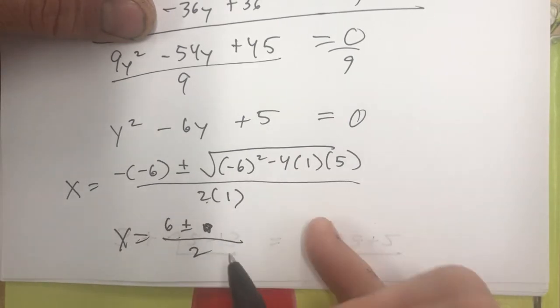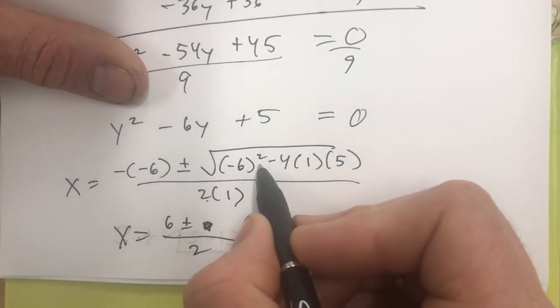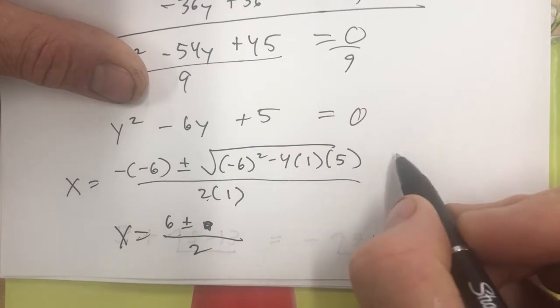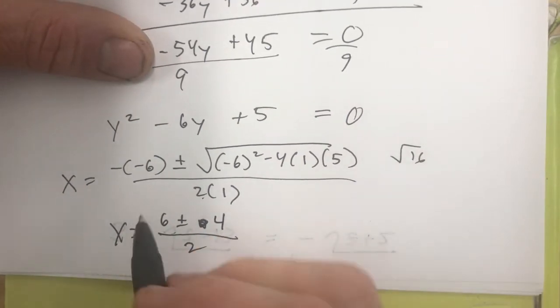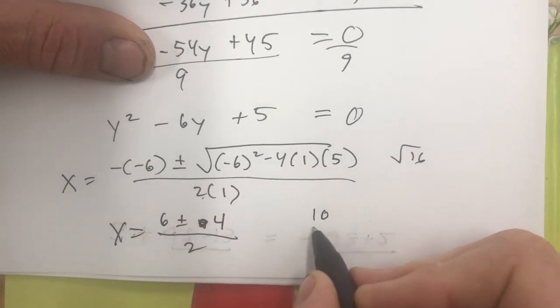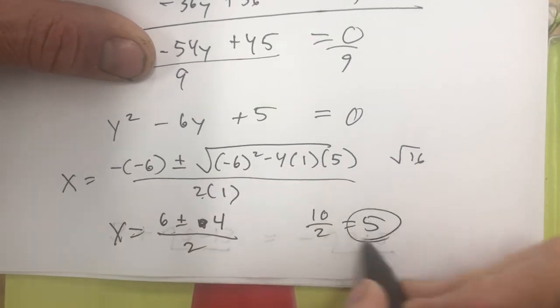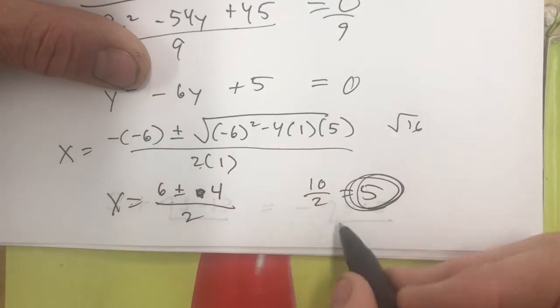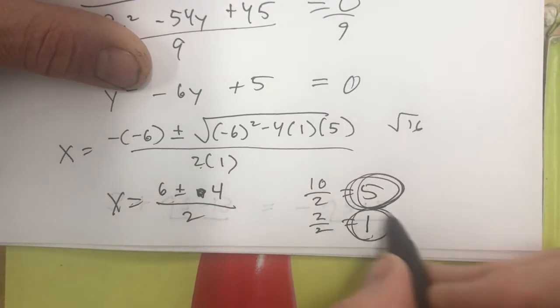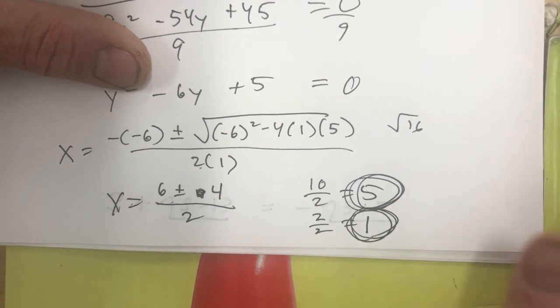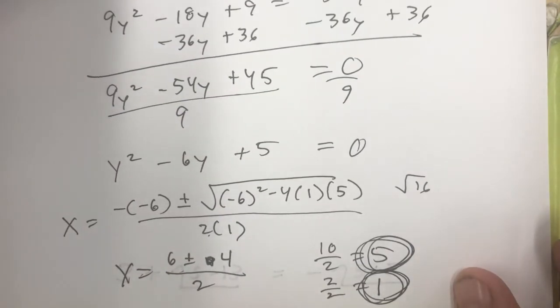I was going to write the radical there, but I got 36 minus 20, which is 16. The square root of 16 would be 4. All right, so I got 6 plus 4, which is 10. Divide by 2, which is 5. There's my answer. I got 6 minus 4, which is 2. Divide by 2, which is 1. And there's my 2 answers, 5 and 1. Okay?